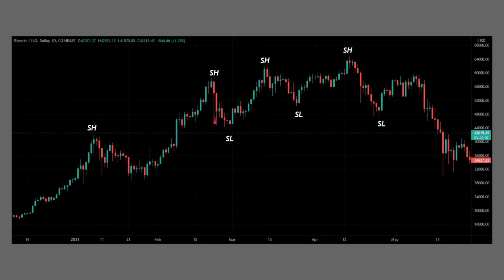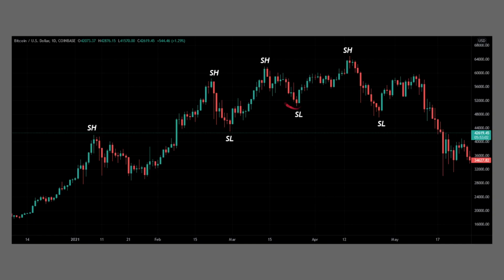Now, on the other hand, we see several instances of swing lows. We saw a swing low produced pretty much late February, early March, observed here when Bitcoin came from this high of about 57,000, 58, came back down to 44 and swung back around to the upside. We see another swing low observed here from this high coming back down.